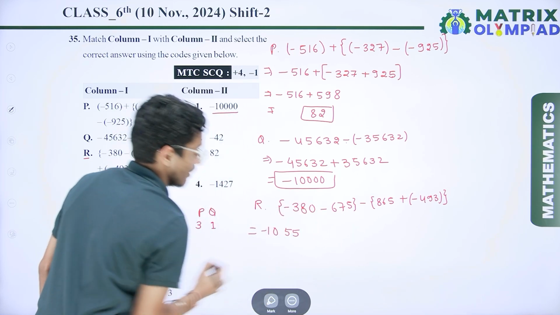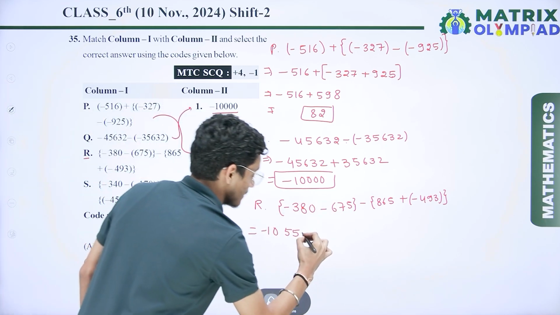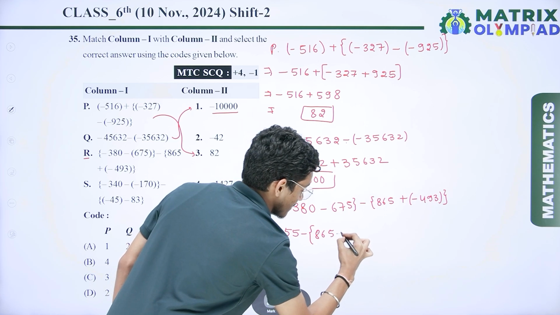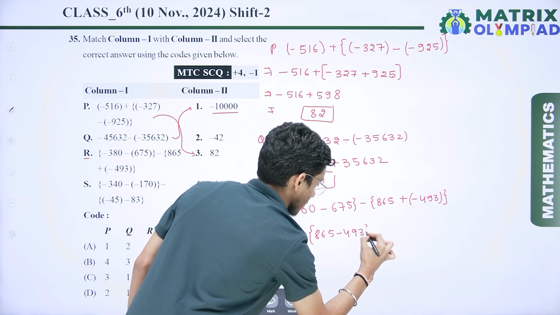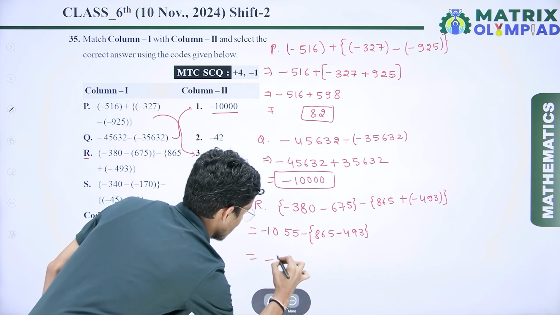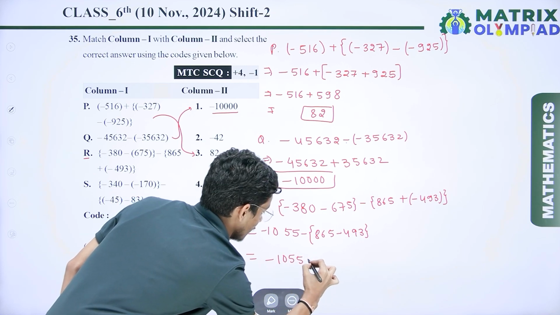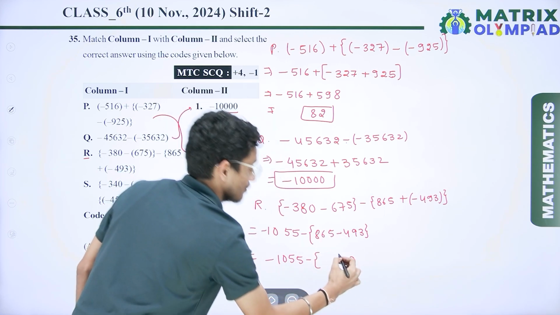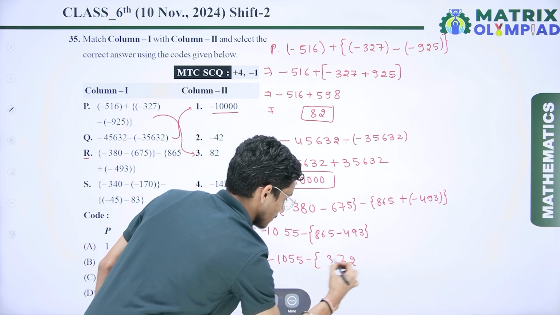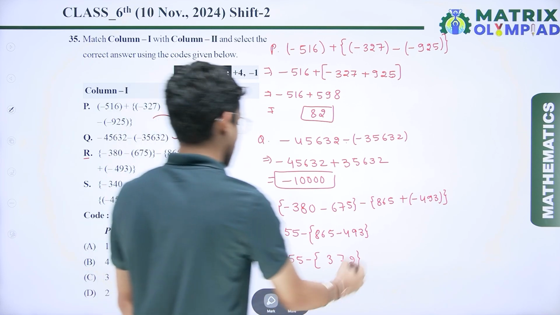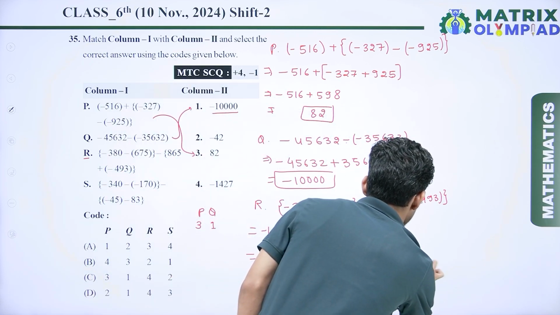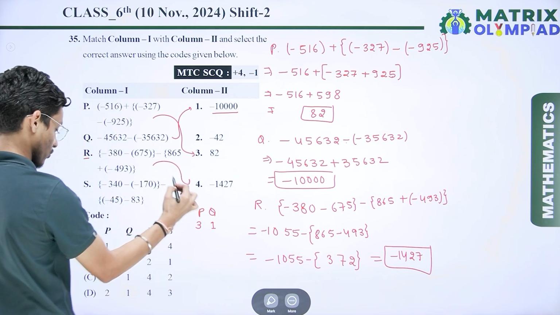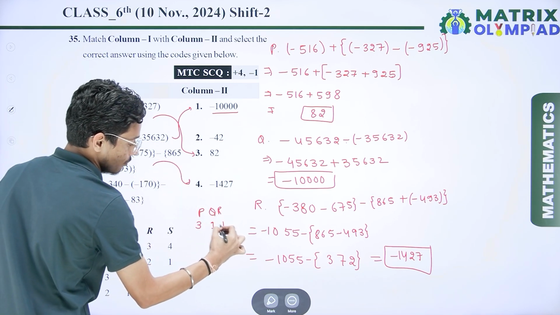So here I get minus 1055 minus curly bracket 865 plus minus minus 493. Simply if I simplify here, I get minus 1055 minus, again here I get 2 and 16 minus 2, that is 7 and here I get 3. So simply if I simplify here, I get the answer that is minus 1427. So check which option is correct here. So here R is connected to 4.